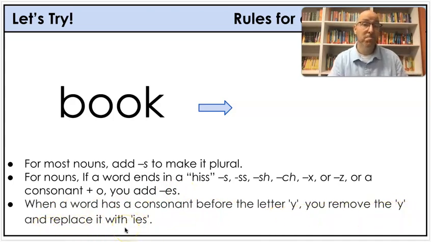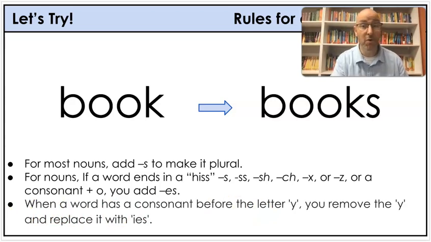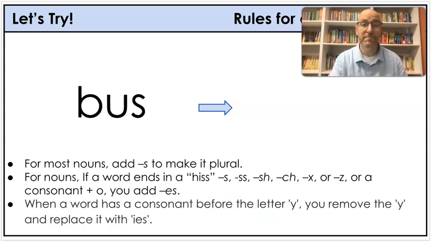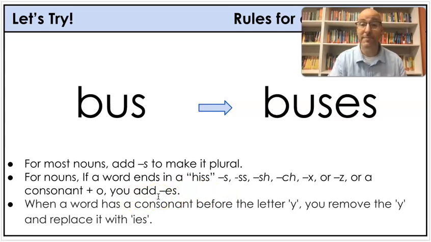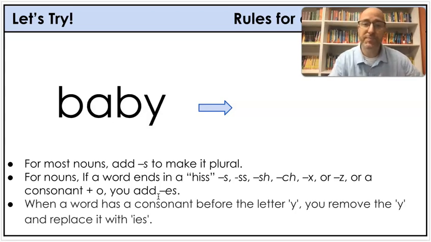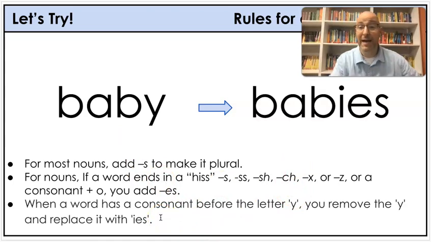All right, so book doesn't end with those, so it would become books. Bus, that ends with that hiss. So we would add ES and spell it buses. We have the word baby. Now the baby ends with a consonant and a Y. And according to this, we would change that Y to IES. Babies.